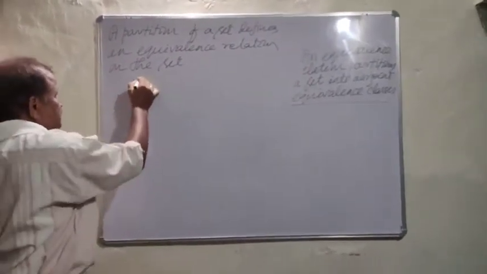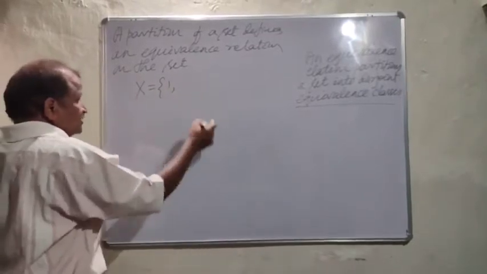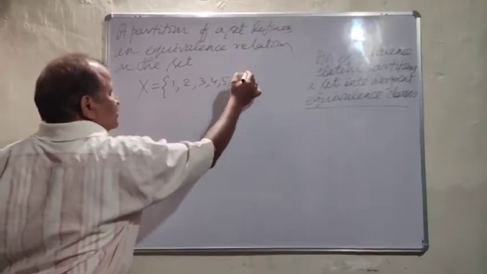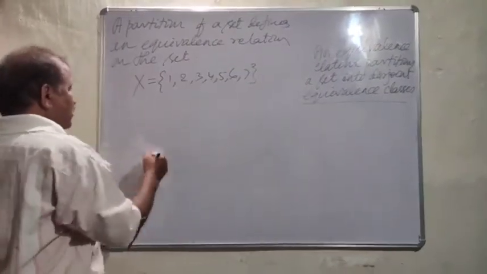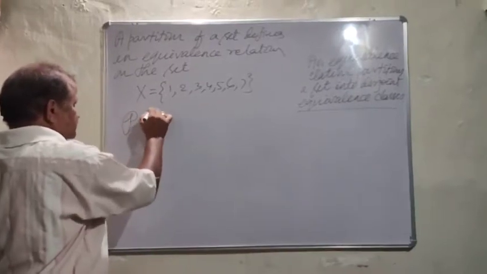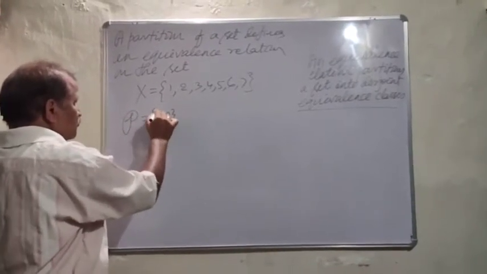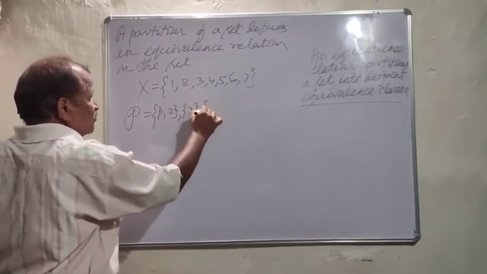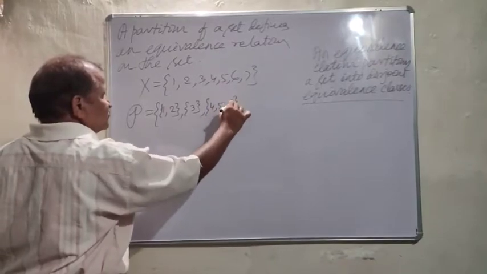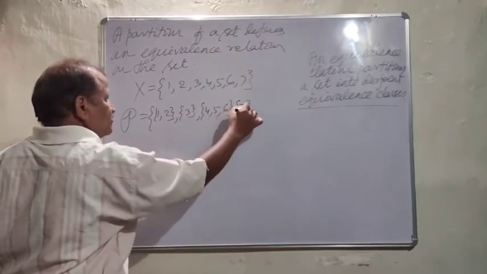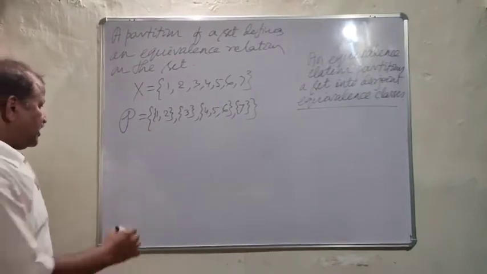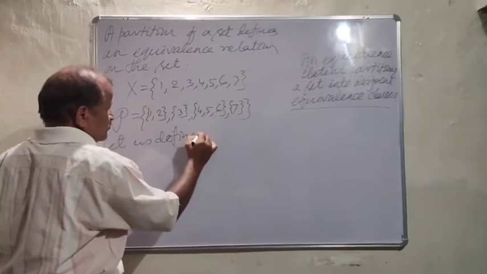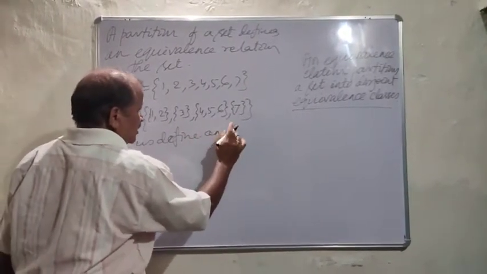I can show it. Suppose X is 1, 2, 3, 4, 5, 6, 7, that example we have taken, right? Say our partition was this: {1, 2}, {3}, {4, 5, 6, 7}. We have taken the partition. Let us define a relation, right?